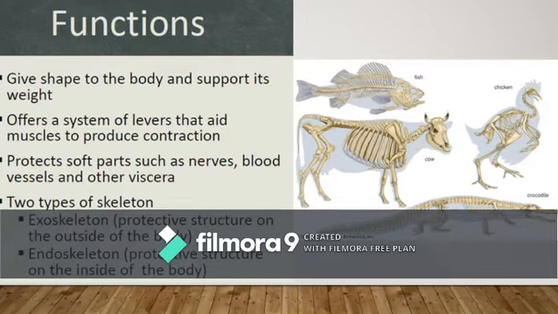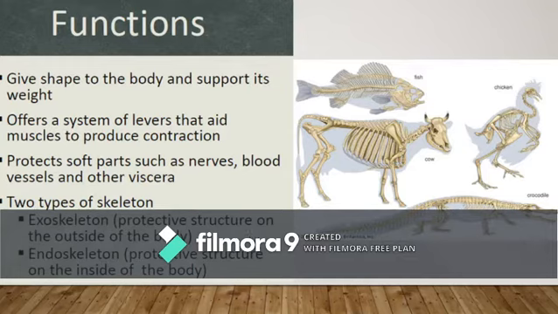We have here the exoskeleton, the protective structure on the outside of the animal's body. It is formed from within the integument, where the epidermis gives rise to keratin and the dermis gives rise to bones. The second one is the endoskeleton, the protective structure on the inside of the body, formed deep within the body from mesoderm and other sources, not directly from the integument.